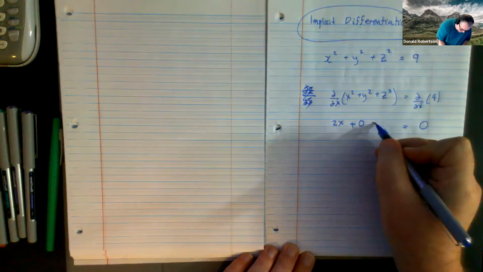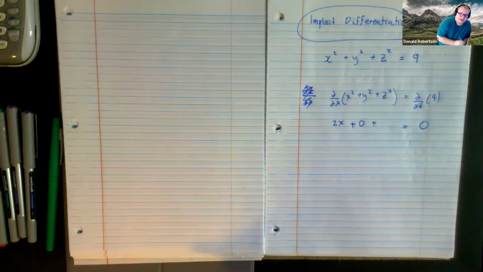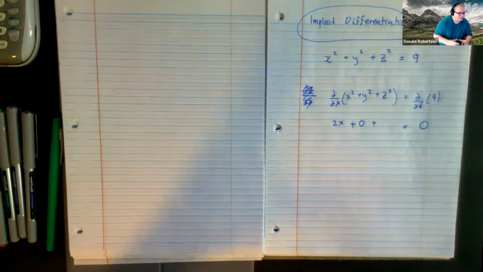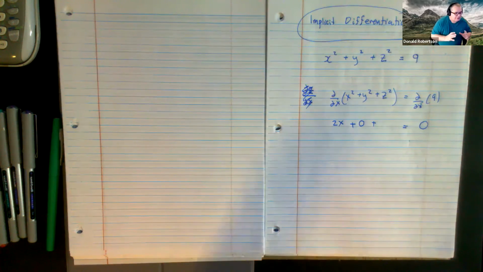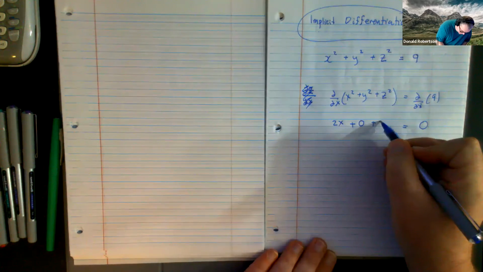Right. Now, you might think that z squared is also going to be treated as a constant, and therefore its derivative would be 0, but that's not true. Z is a special case. Z is considered to be a function of x's and y's, right? Z is the major function, x and y are the variables, right? So since it's considered as a function of x, this fella becomes a chain rule.